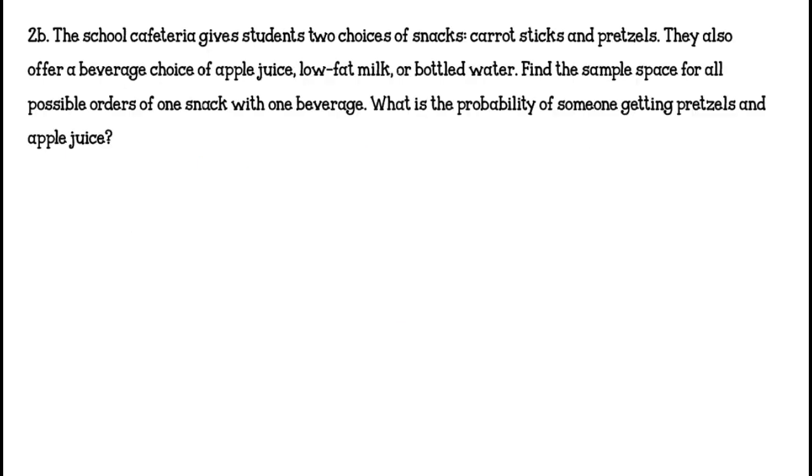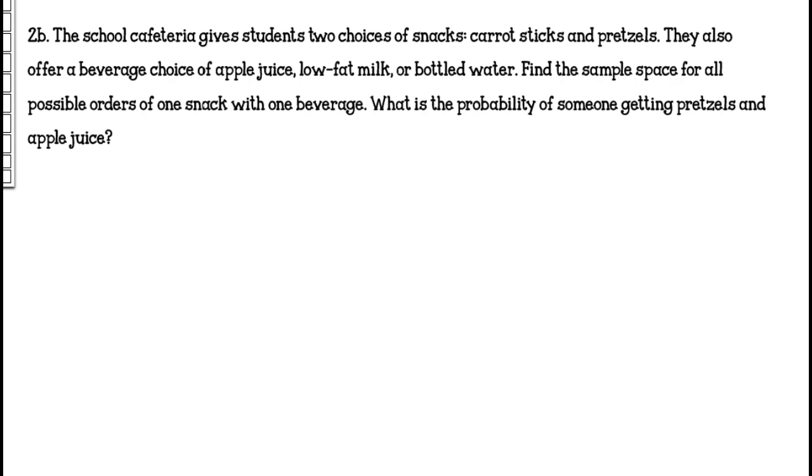The school cafeteria gives students 2 choices of snacks, carrots or pretzels. They also offer a beverage of choice of apple juice, low-fat milk, or bottled water. To find the sample space for all possible orders of one snack with one beverage, what is the probability of someone getting pretzels and apple juice? So I've been doing tree diagrams, so I want to do a table for you.